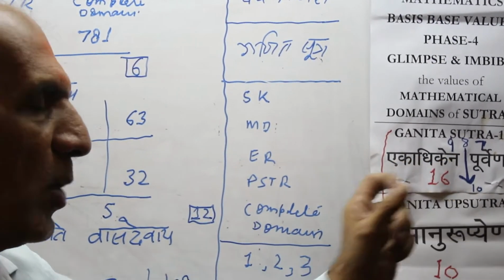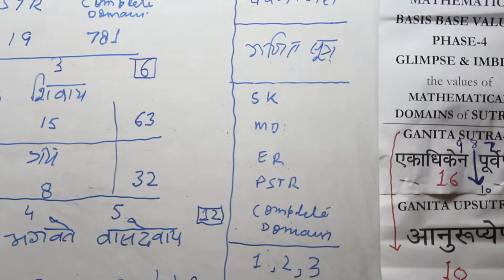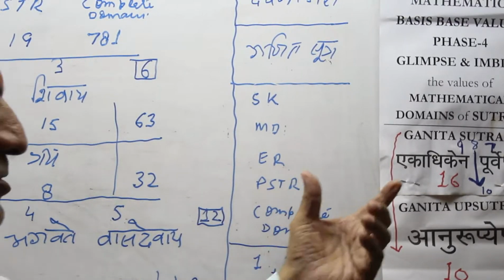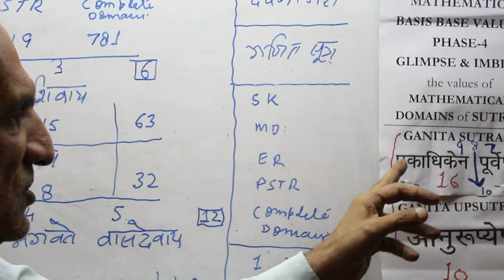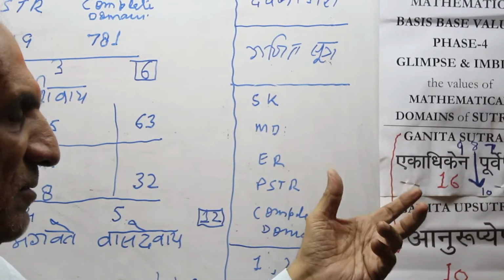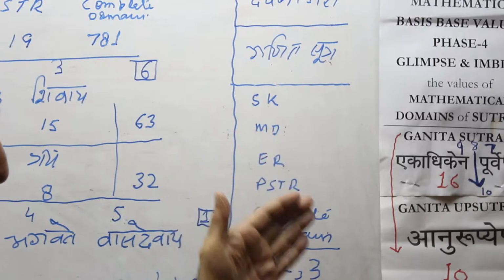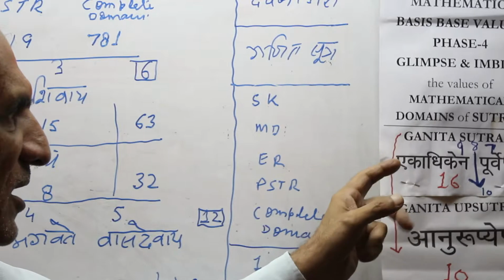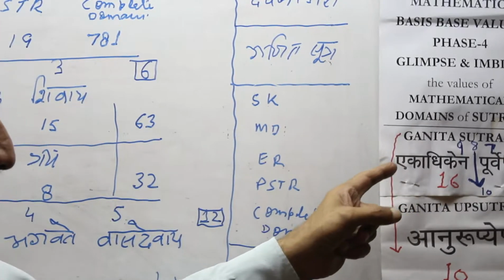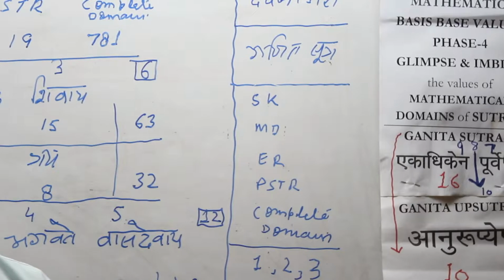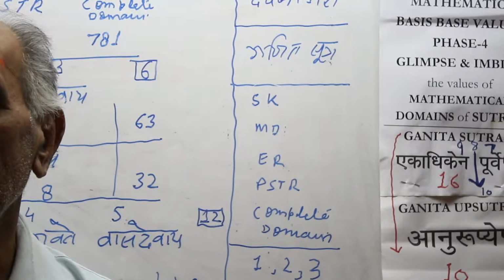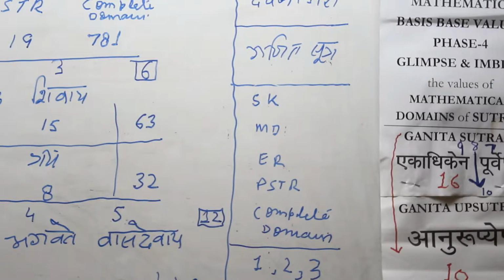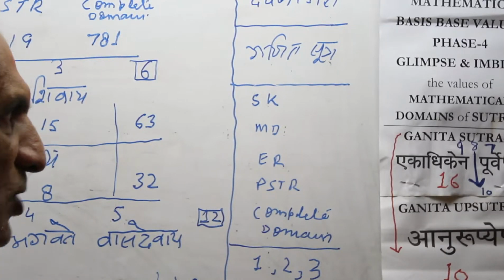This Ganita Sutra 1 is the source scripture, the source sutra, the source mathematical domain, and the 16 letters individually preserve the structural keys of all the 16 sutras. Sutra number 1 has its structural key in the first letter of Ganita Sutra 1, the second letter of Ganita Sutra 1 preserves the structural key of Ganita Sutra 2, and like that the last 16th letter of the text of Ganita Sutra 1 preserves the structural key of the 16th Ganita Sutra.